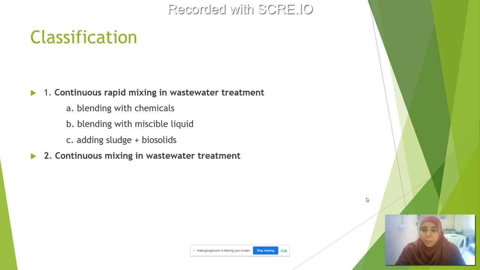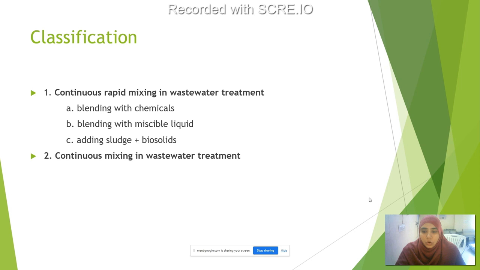Here, coming to classifications, the first one is continuous rapid mixing in wastewater treatment. Continuous rapid mixing is used most often where one substance is to be mixed with another.